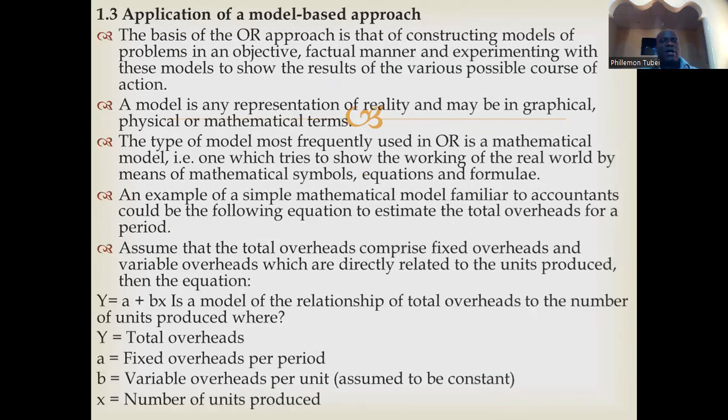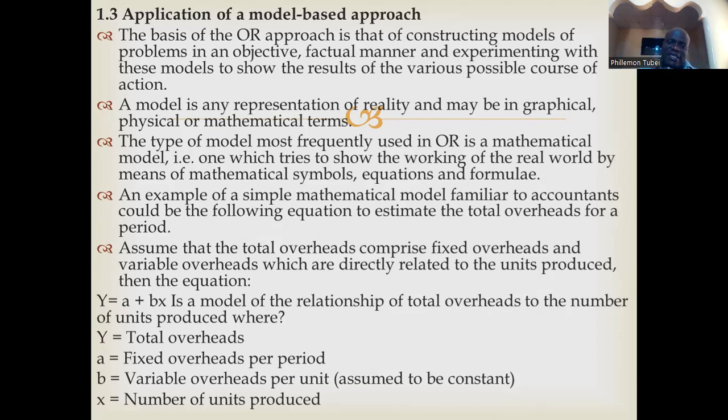Then what about application of a model-based approach? You will realize that the basis of the operation research approach is that of constructing models of problems in an active, factual manner and experimenting with these models to show the results of the various possible courses of action.